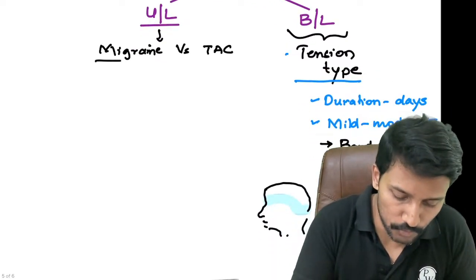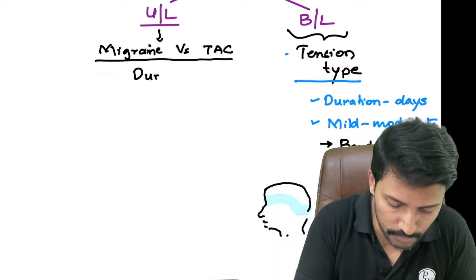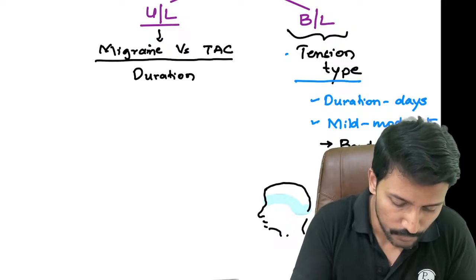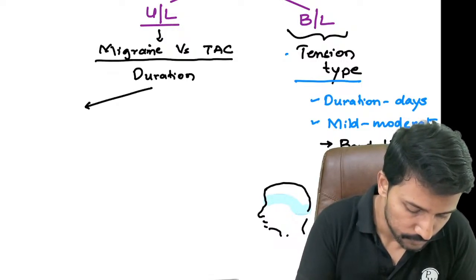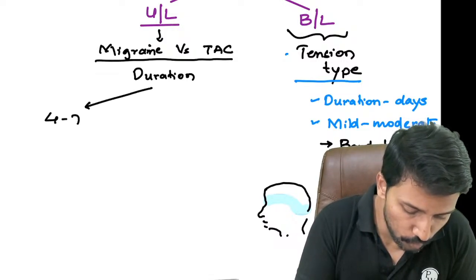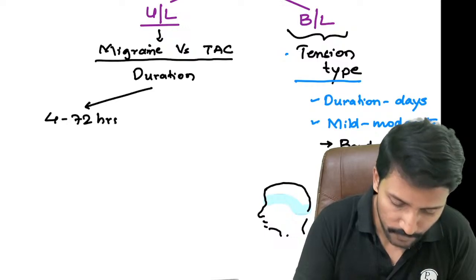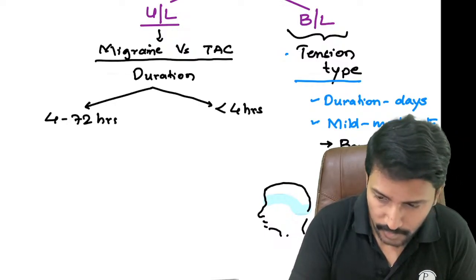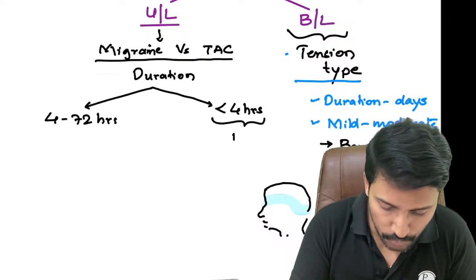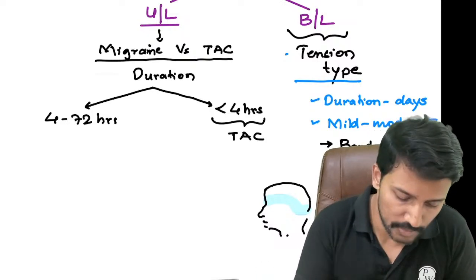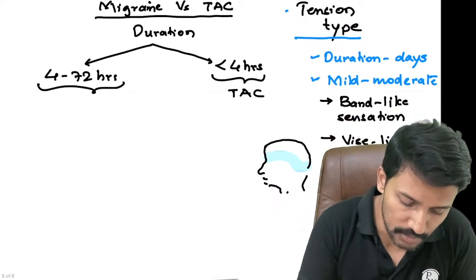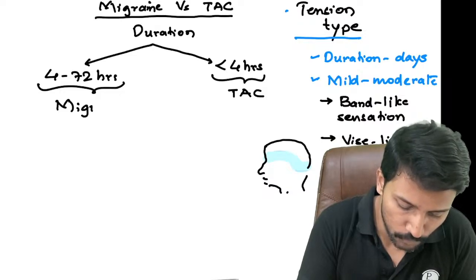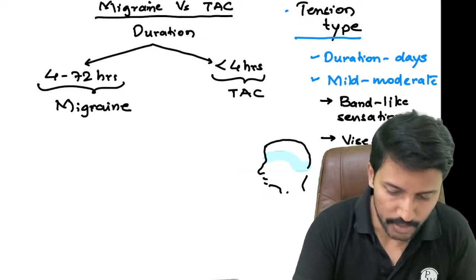So in that case, we should look at the duration of the untreated episode of headache. If duration is in the range of 4 to 72 hours, or whether it is less than 4 hours. If it is less than 4 hours, it is going to be one of the trigeminal autonomic cephalgias, and if it is 4 to 72 hours, it will be migraine.